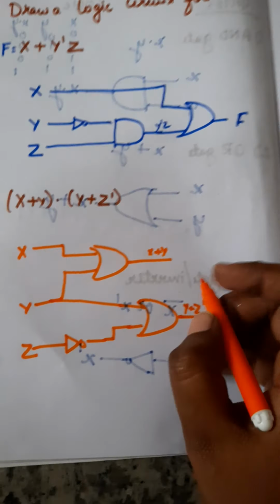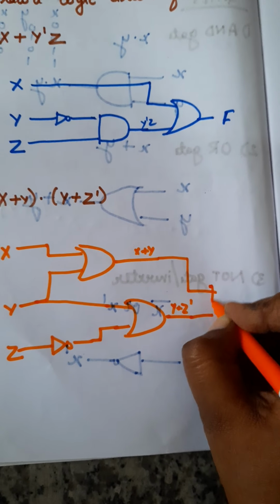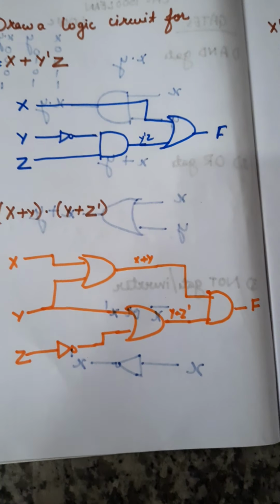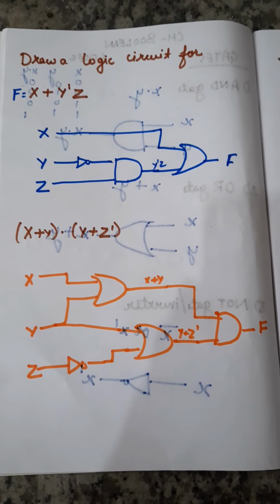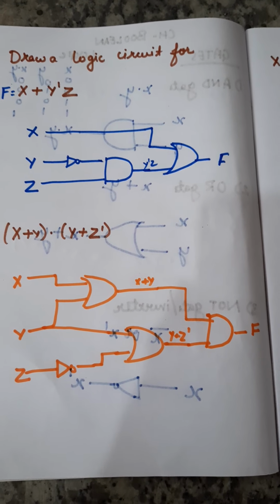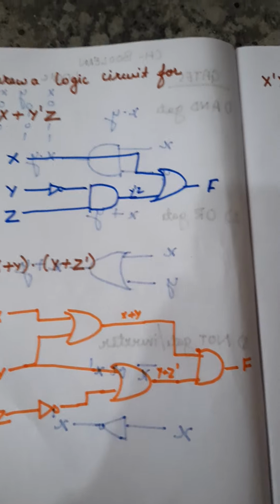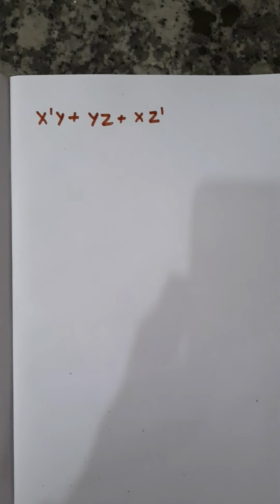There is a dot in the middle, so we'll take both the gates and pass them through the AND gate, and then we'll get the final expression that we require, x plus y dot y plus z dash. Any confusion till here? One more I'll show you to remove all your confusion. This is the last one that we'll show.